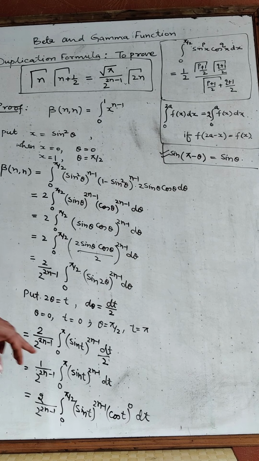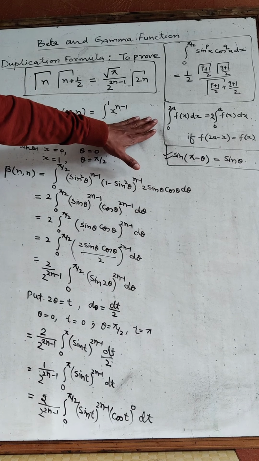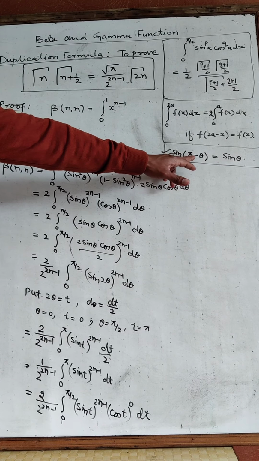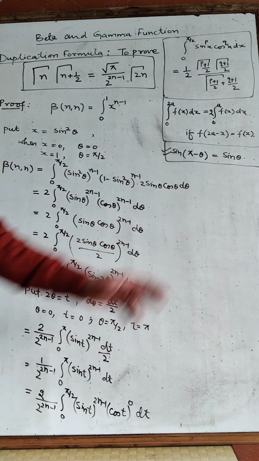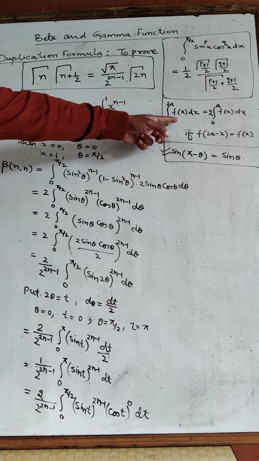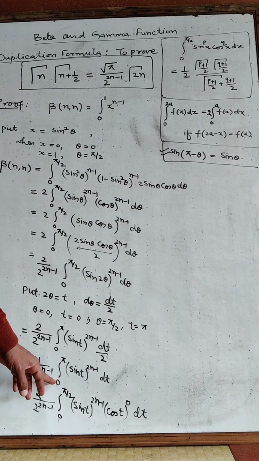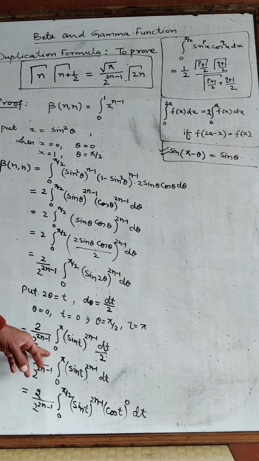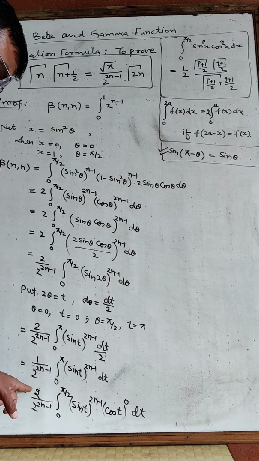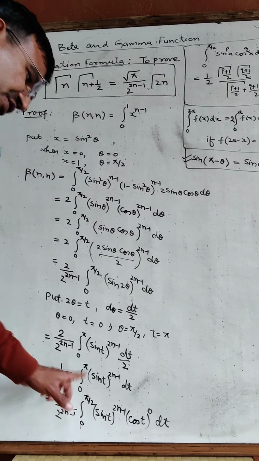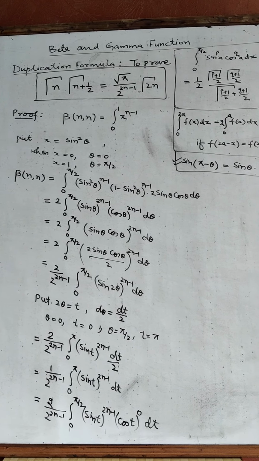Again look what we have done. We have used this result of definite integrals. As we know, sine of pi minus theta is sine of theta, so this integral which was from 0 to pi, we have written as 2 times the definite integral with limits 0 to pi by 2.